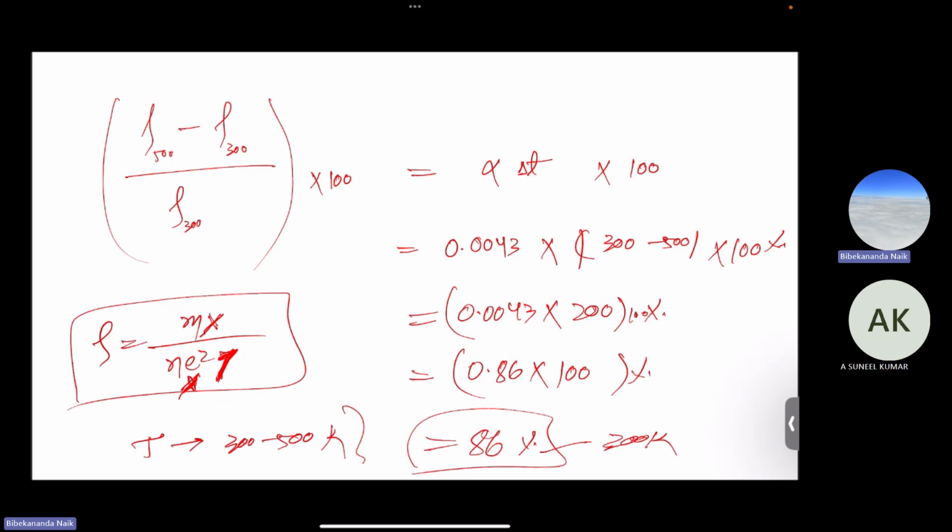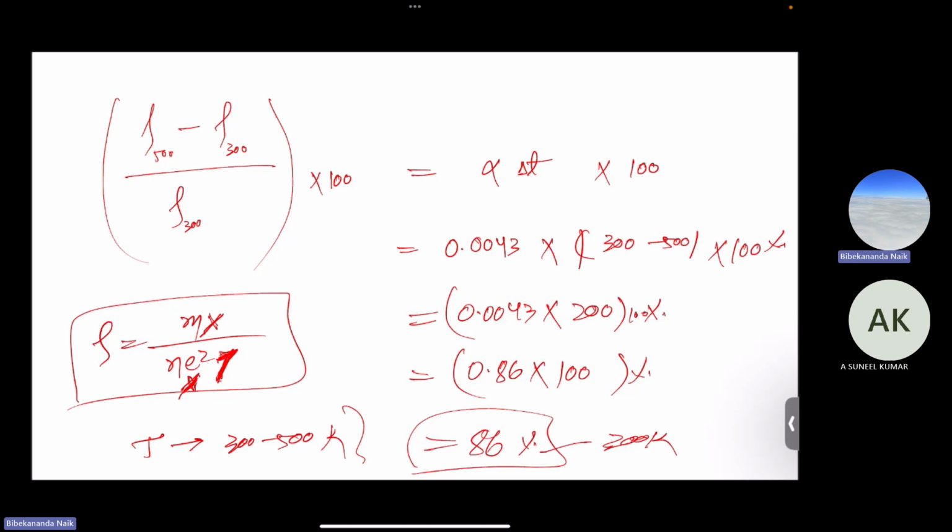Before, the electron was colliding once in 10 seconds, but since we are increasing temperature, it is gaining more energy, and due to this gain in energy it is vibrating more rapidly as compared to 300 Kelvin. So it will undergo more collisions. Suppose there were two collisions in 10 seconds, but now there are 8 collisions in 10 seconds. So the relaxation time between two collisions is decreased because the electron is colliding more frequently.